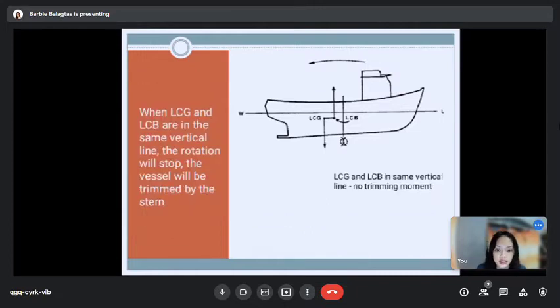And when the LCG and LCB are in the same vertical line, the rotation will stop and the vessel will be trimmed by the stern. If the LCG and the LCB are in the same vertical line, then there is no trimming moment in the ship.